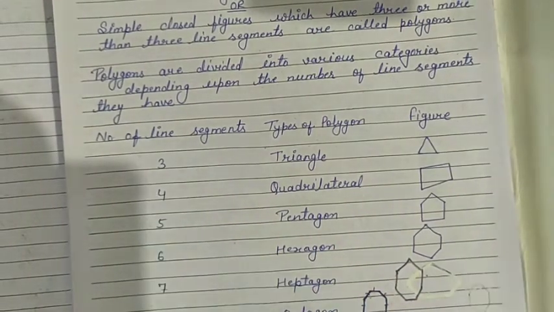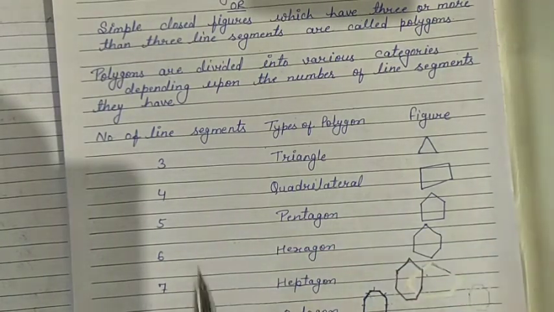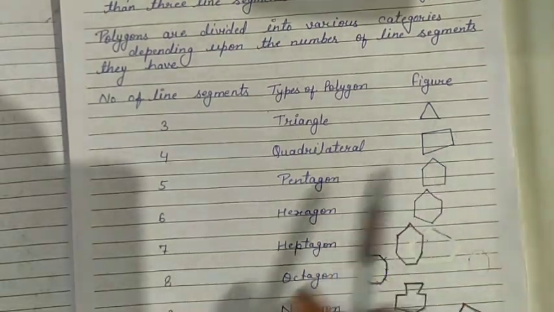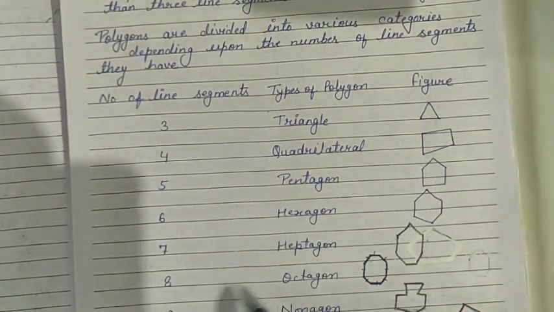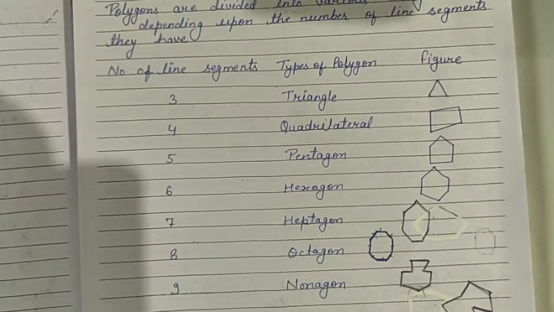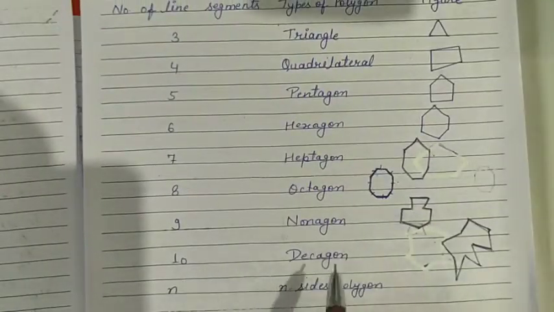If a polygon has 4 line segments, then it is called a quadrilateral. 5 line segments, pentagon. 6 line segments, hexagon. 7 line segments, heptagon. 8 line segments, octagon. 9 line segments, nonagon, and if a polygon has 10 line segments, then it is called a decagon.